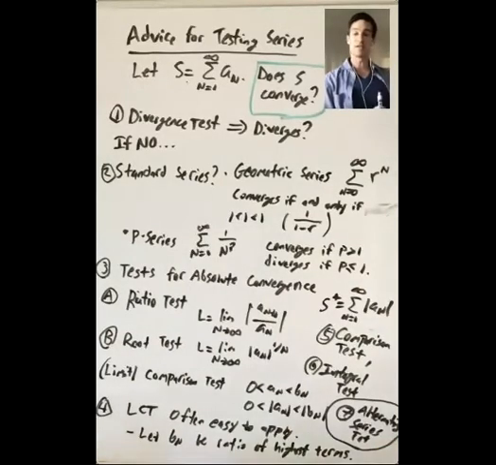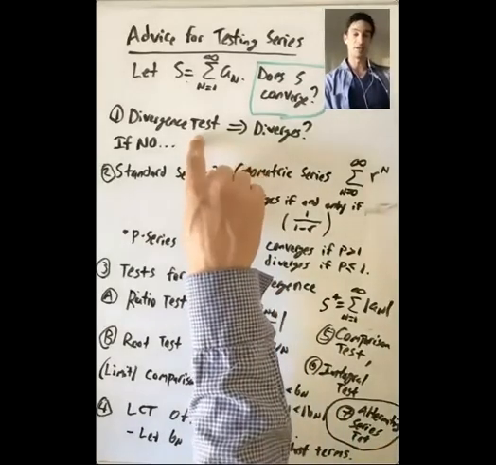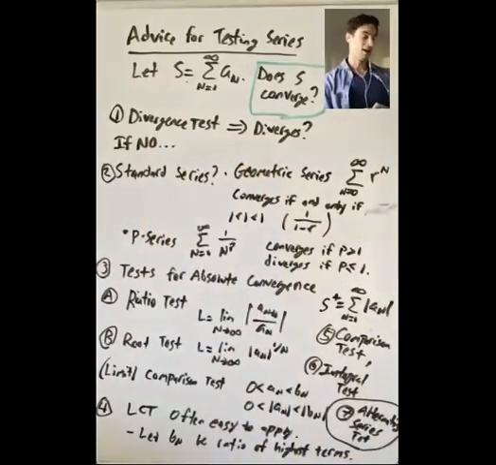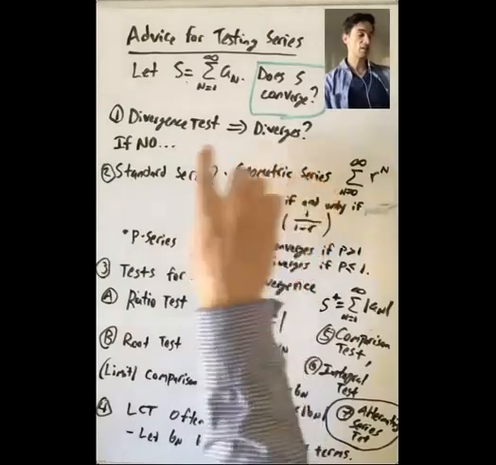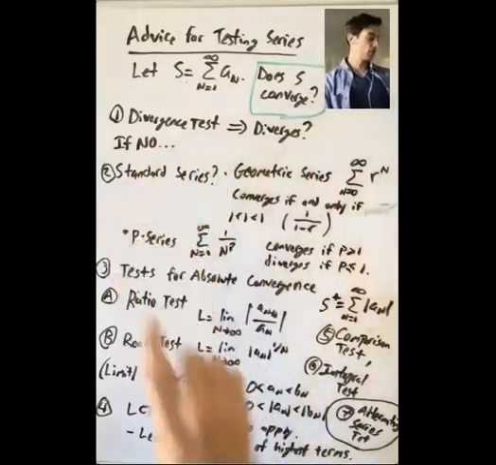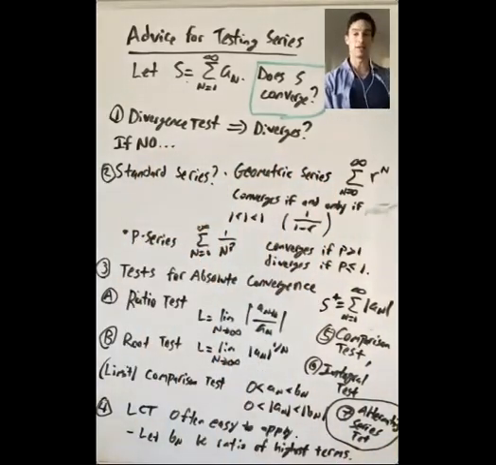The alternating series test does. So if I see an alternating series, maybe I would try the divergence test first to see whether or not the things I'm adding up are going to 0. But if that doesn't tell me that the series diverges, I would jump immediately to the alternating series test. It's easy to apply, but it only applies in special situations.